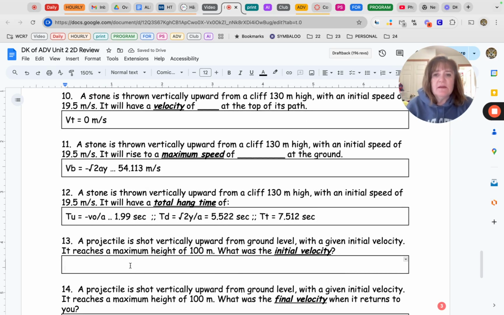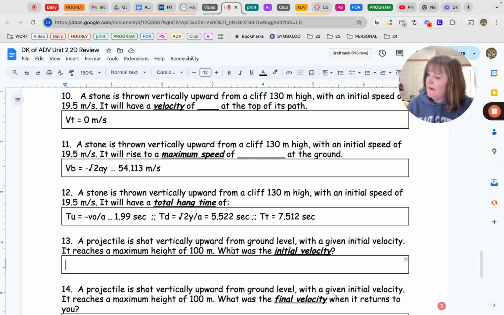Number 13, a projectile is shot vertically upward from ground level with a given initial velocity. It reaches a maximum height of 100. What was its initial velocity? All right, this goes back to 2.2, so hopefully you have those 2.2 notes.